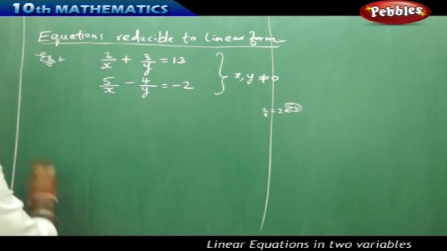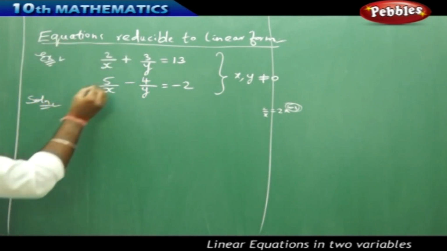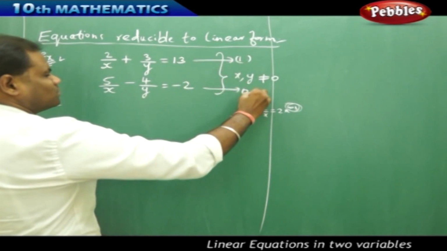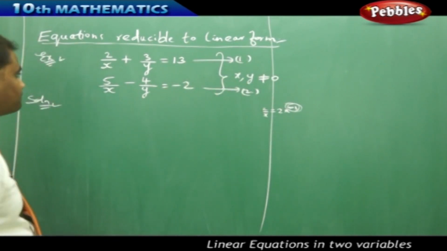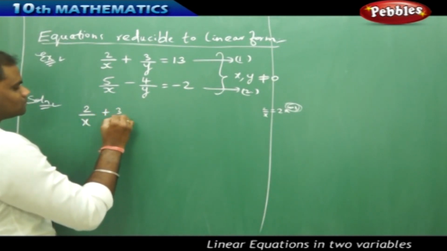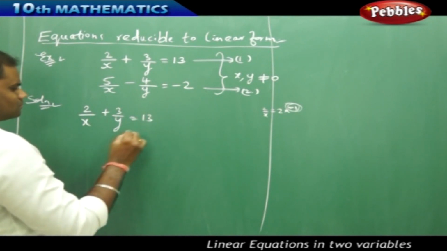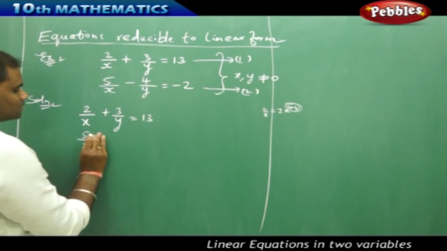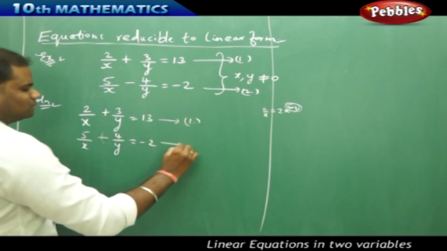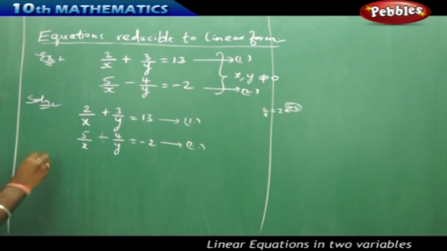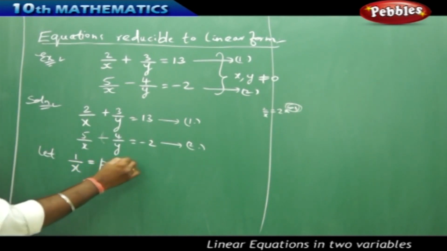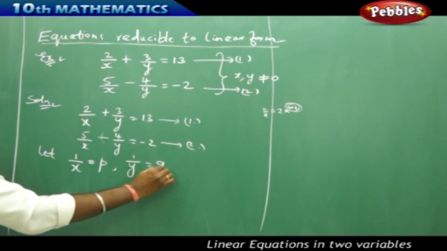The first rule says that for equation 1, and equation 2, 5 by x minus 4 over y equals negative 2, I will let 1 by x equal to some p and 1 by y equal to some q.